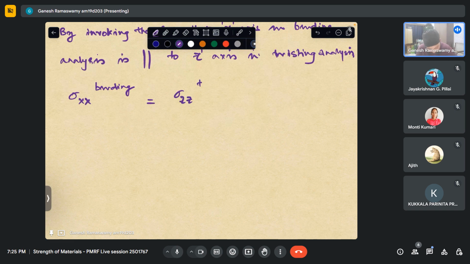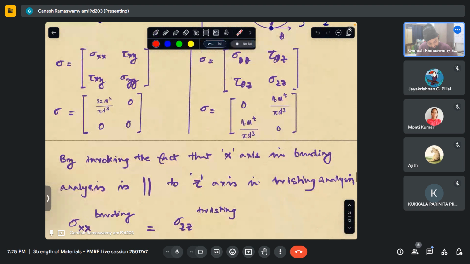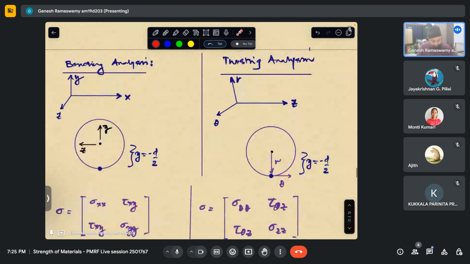So if I were to combine these two, this sigma zz with z-axis pointing in this direction is the same as sigma xx with x pointing in the same direction. So I hope that is the sum and substance of what I'm trying to communicate. I hope you're able to see it all right.